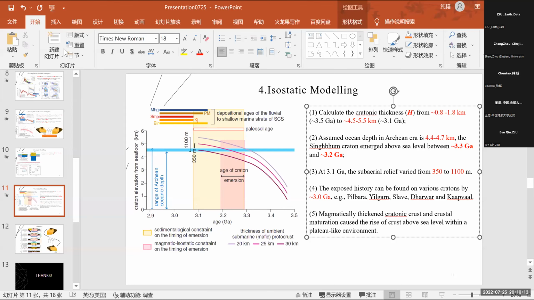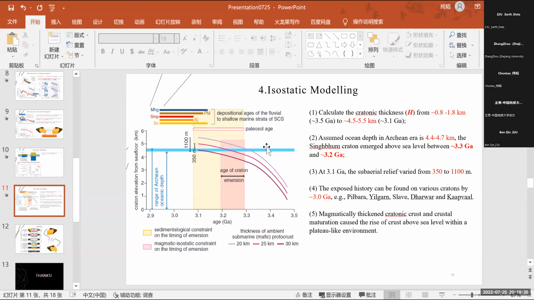Okay, but if you change the value, for example the ocean depth from 4 kilometers to 3 kilometers or even 2 kilometers, how much does it change? If you change the ocean depth to a lower one, the timing of emergence of the Pilbara craton will be earlier than 3.3 billion years ago.